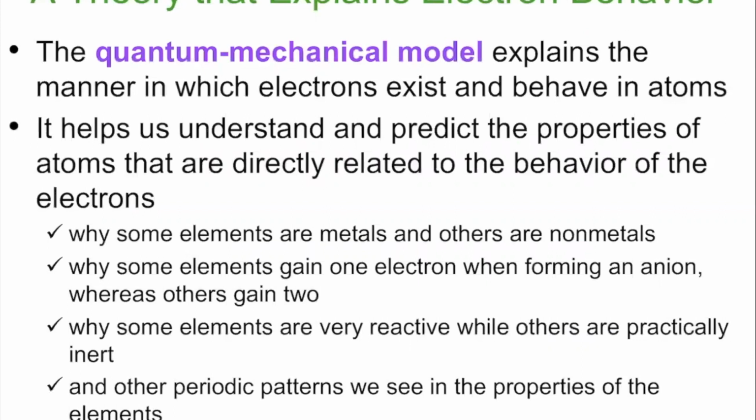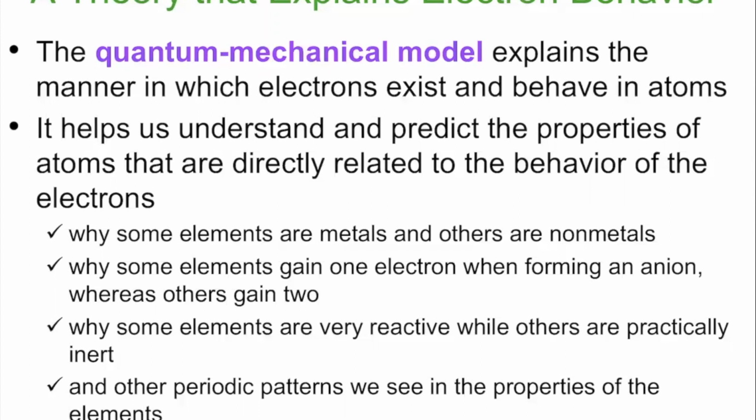By trying to understand this, we're going to be able to make predictions on why electrons act a certain way. In addition, it's also going to explain some patterns on the periodic table.